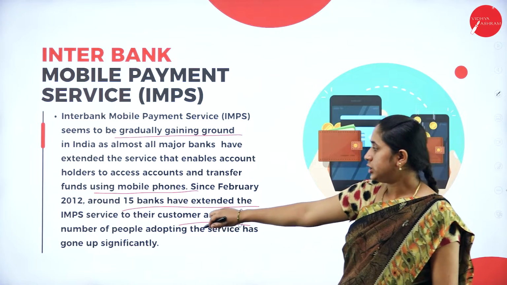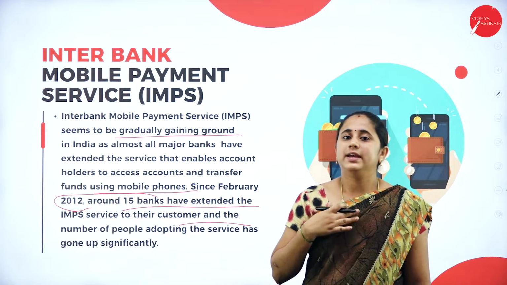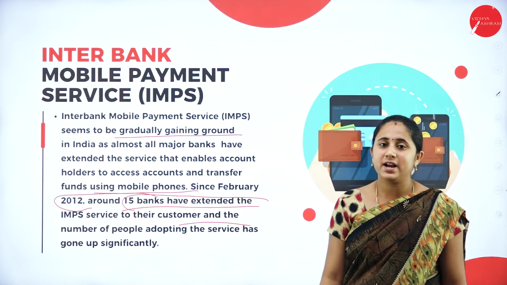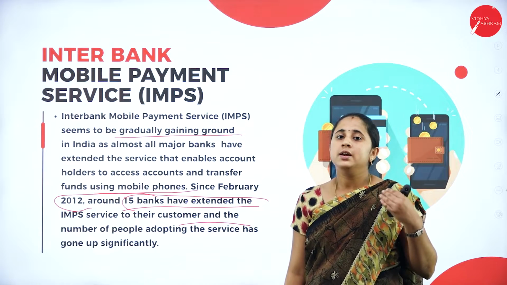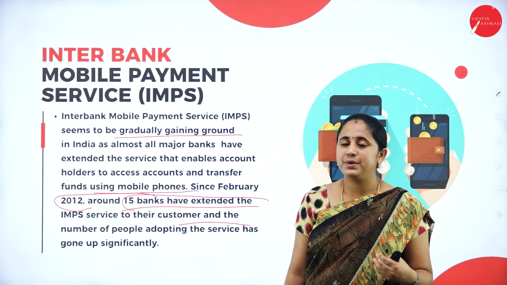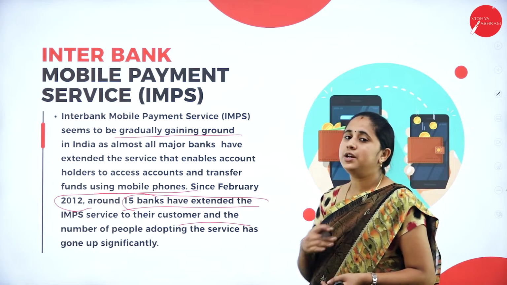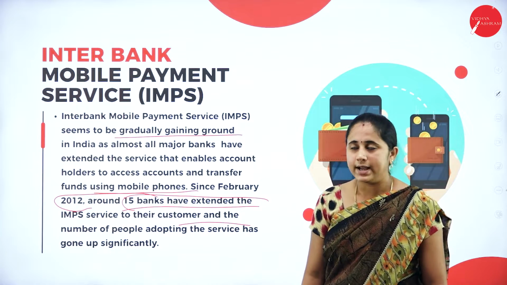So after 2012 it gained importance. More than 15 banks have extended IMPS services to their customers, and the number of customers using IMPS services is gradually increasing. So it is nothing but using a mobile phone to transfer funds from one bank to another bank.